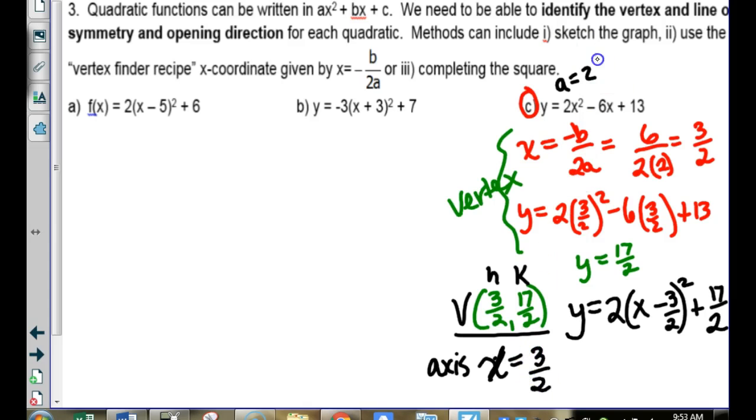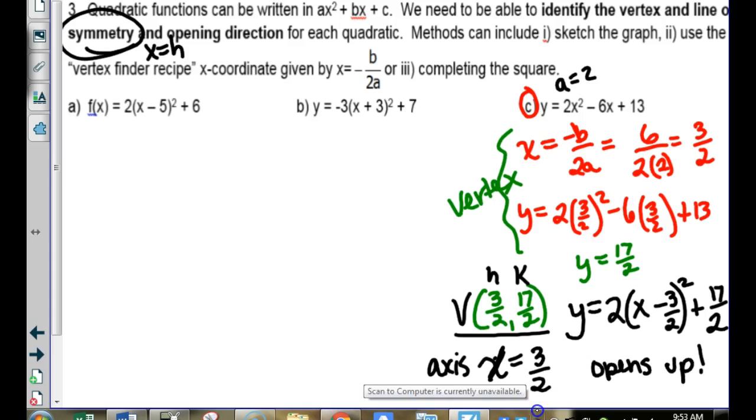Okay, the axis of symmetry is always x equals h, or negative b over 2a. And which way is this one going to open? All right. So let's go back and do a couple easy ones to tie this together. What's happening on A?